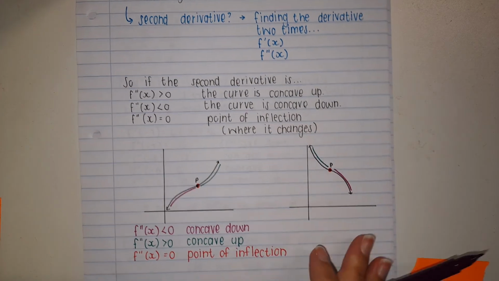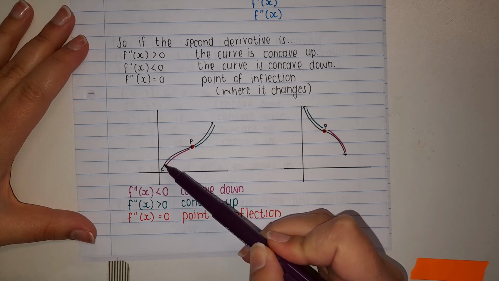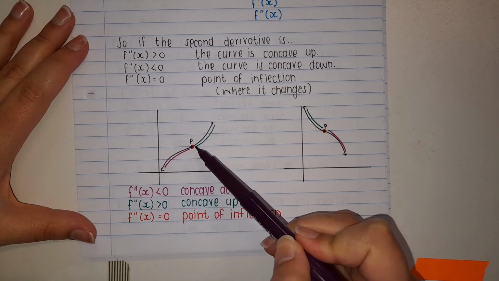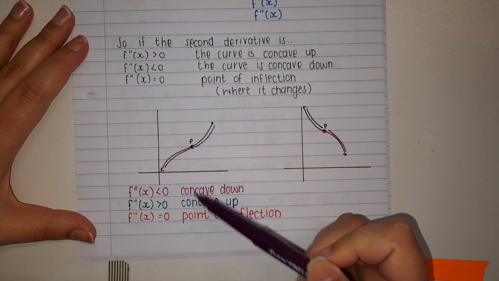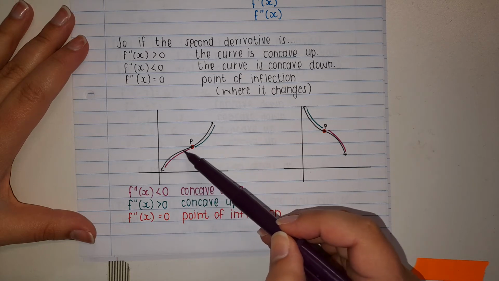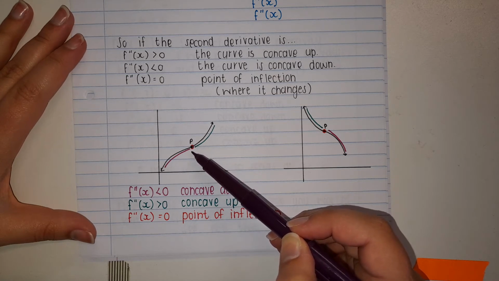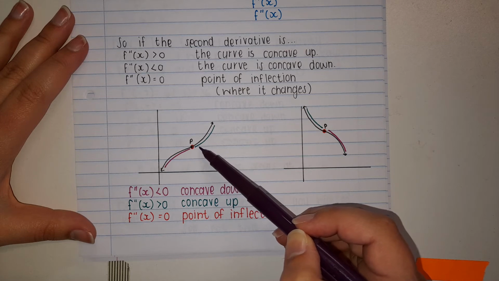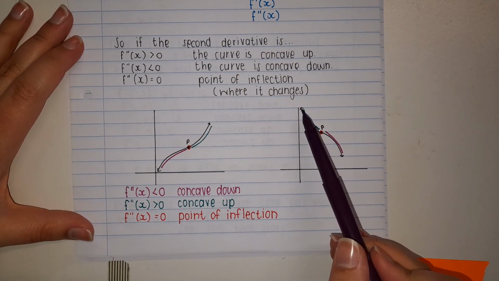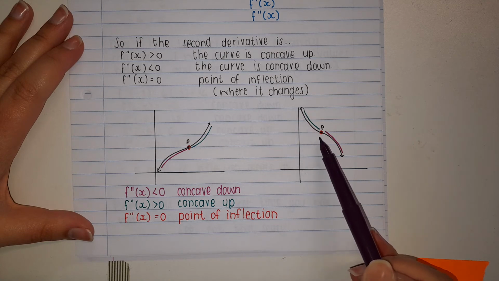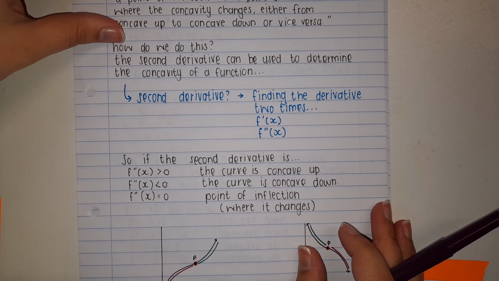If you look at these diagrams, first I have concave down, then my point of inflection where my second derivative is equal to 0, and then I have concave up. With this other one I have first concave up, then concave down, and you'll see that when you work with your points of inflection.